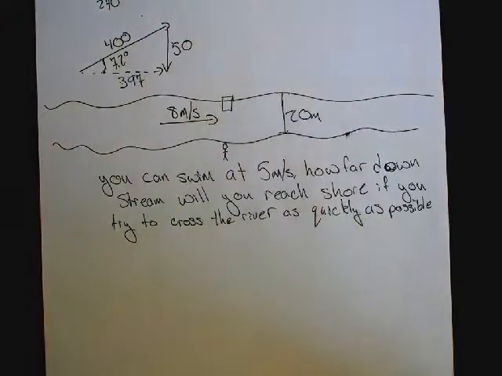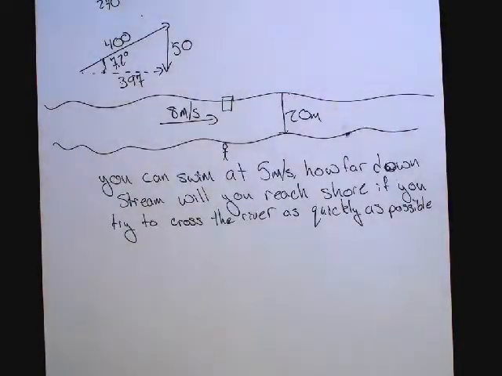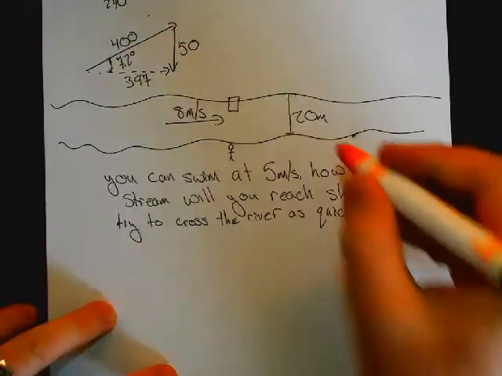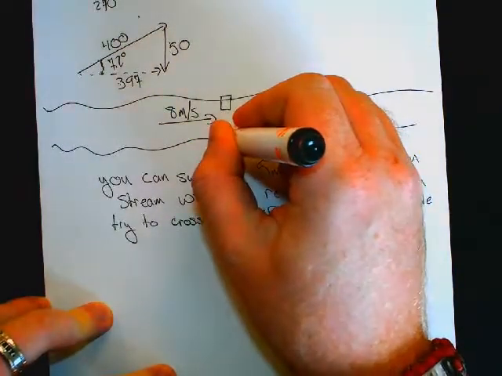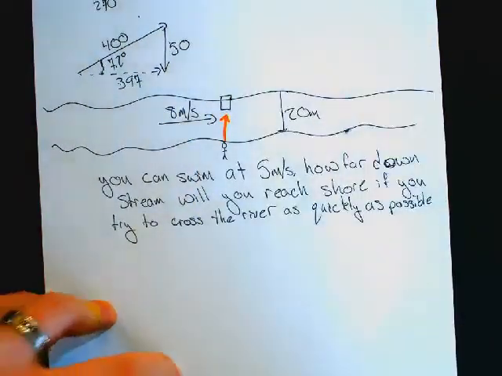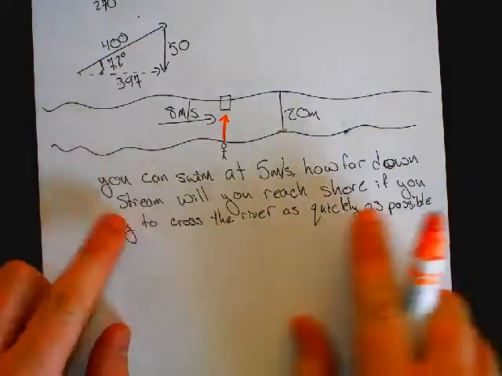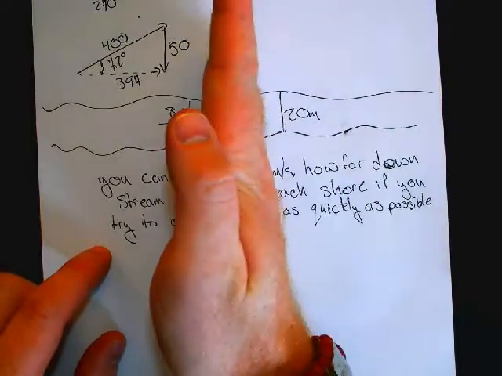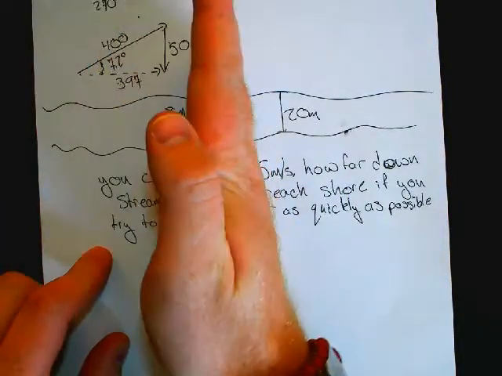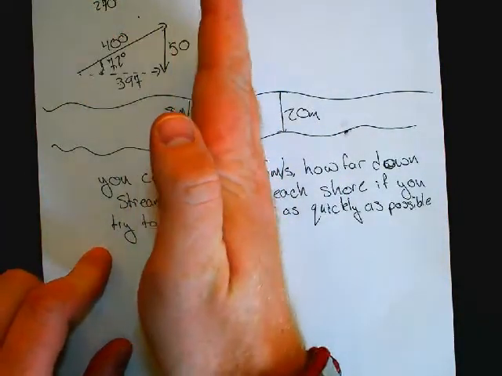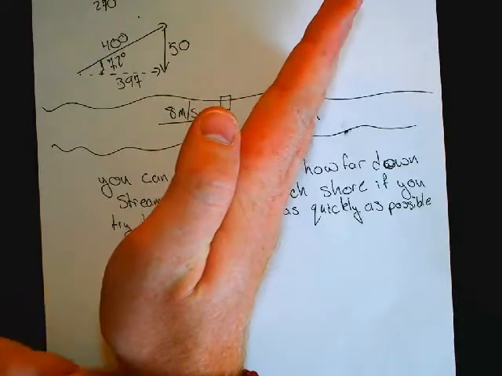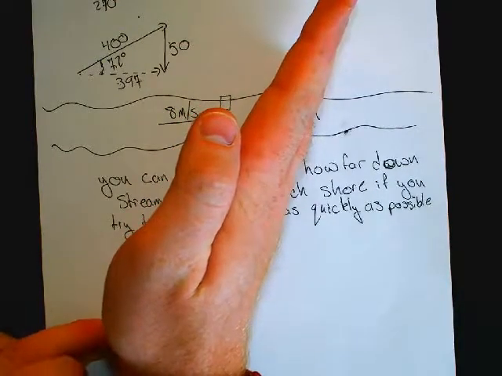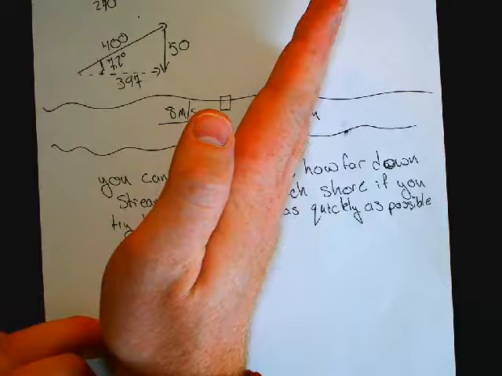Okay? All right. So first of all, taking a look at what that means our vectors are doing. We've got one vector that's coming straight across, and we know it's coming straight across because I said this as trying to cross the river as quickly as possible. If you're going full steam and you try angling either way, you're going to lose some of your total speed to just traveling down or up river, right?